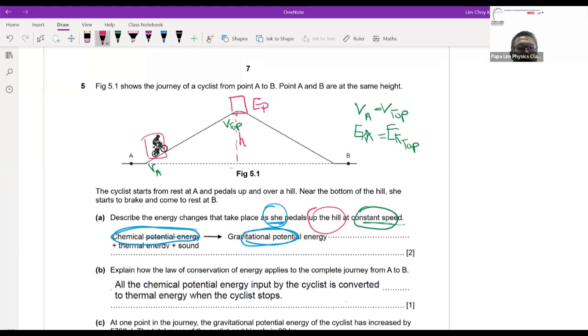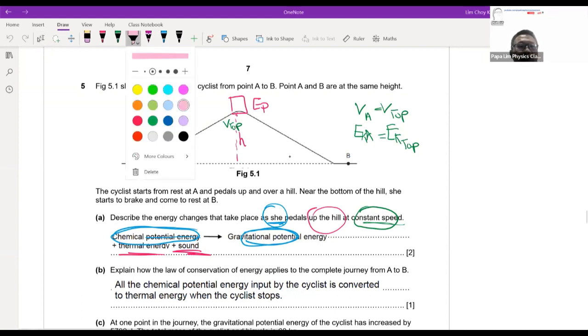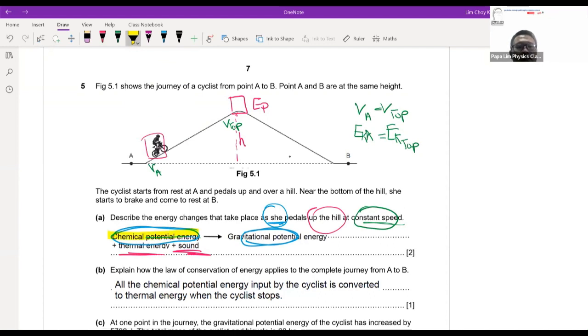As a result, I will have thermal energy and sound produced. So from here, we are able to deduce that the energy coming from the initial stage, which is chemical potential energy, is totally converted to gravitational potential energy, heat energy or thermal energy, and sound.